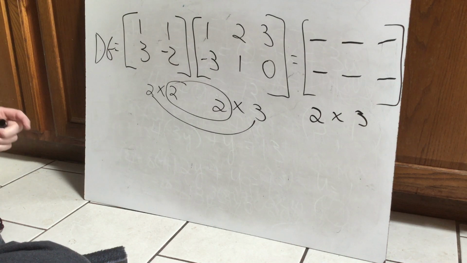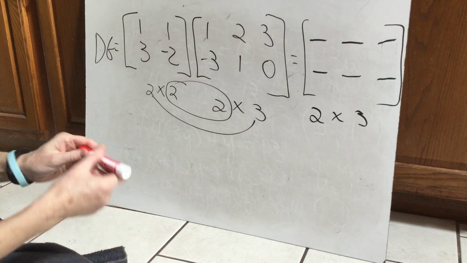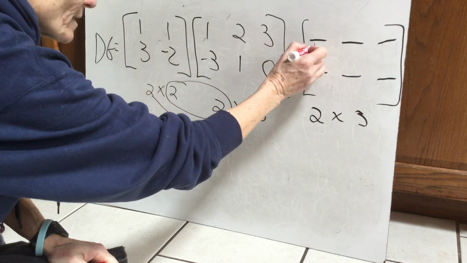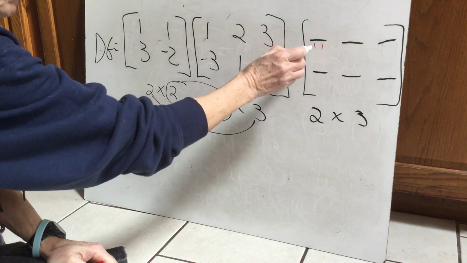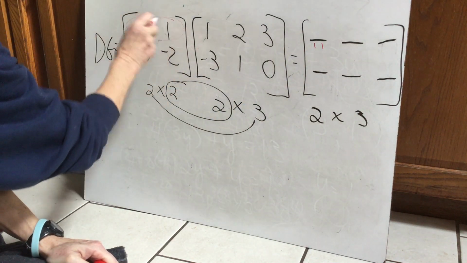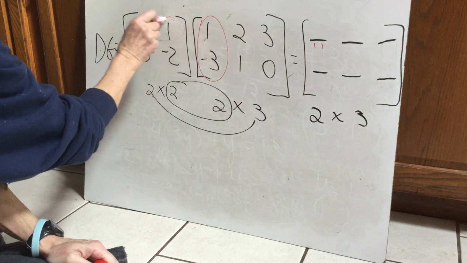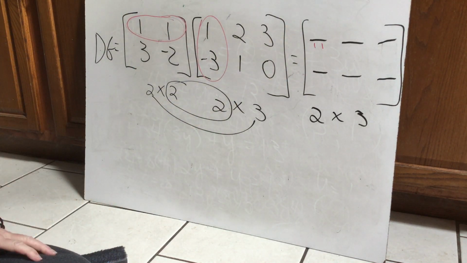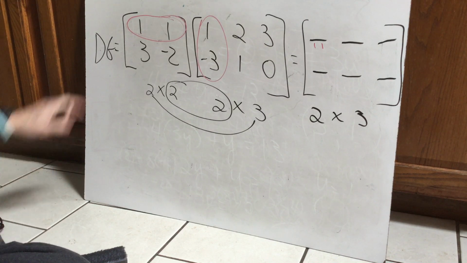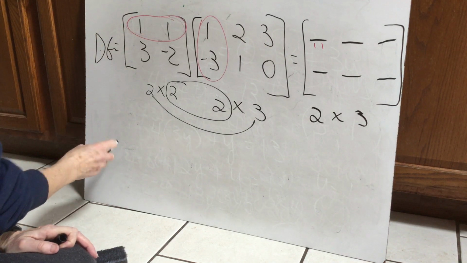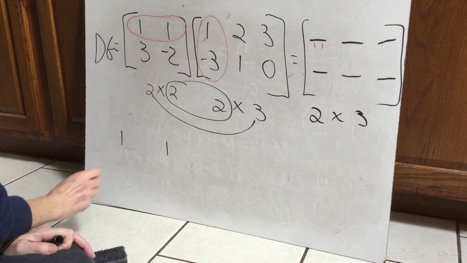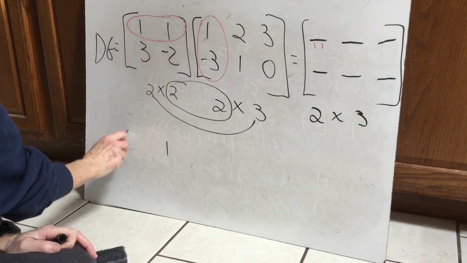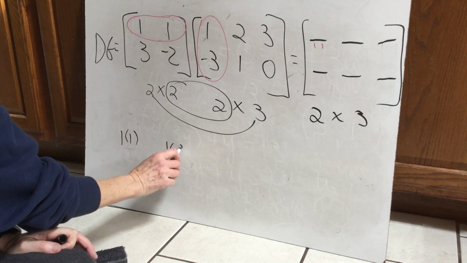Now remember how that works. For this spot, it is in the 1,1 position: first row, first column. So I'm going to write down the numbers in the first row, which are 1 and 1, and then the numbers in the first column, which are 1 and negative 3.